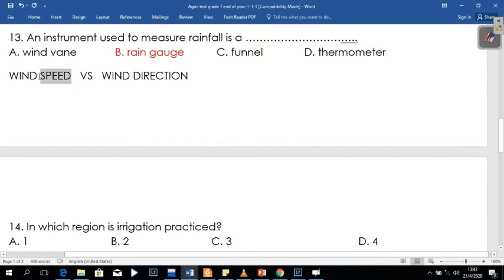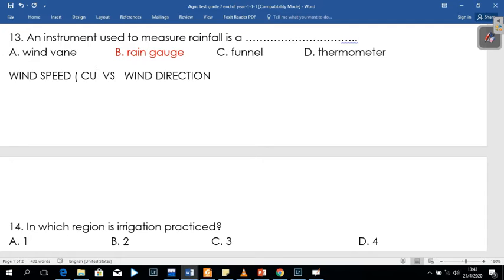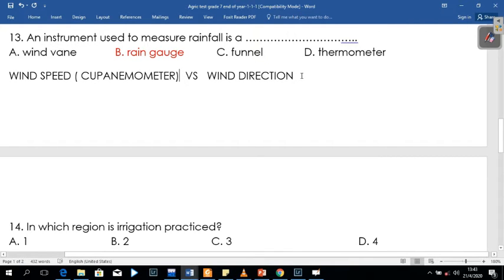To measure wind speed we use an anemometer, right? And to measure wind direction we use a wind vane. Right, is that clear?